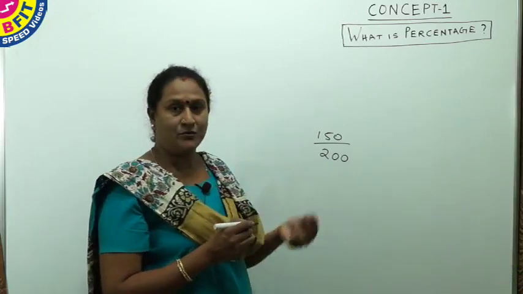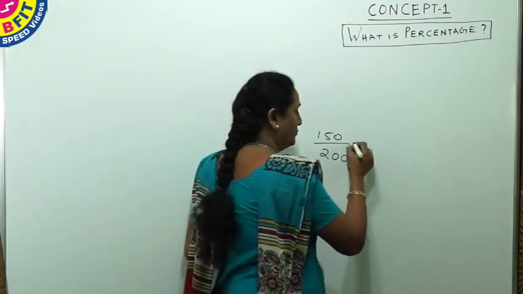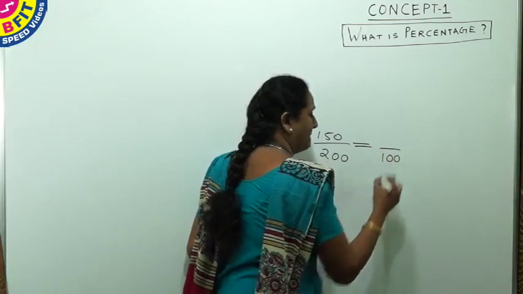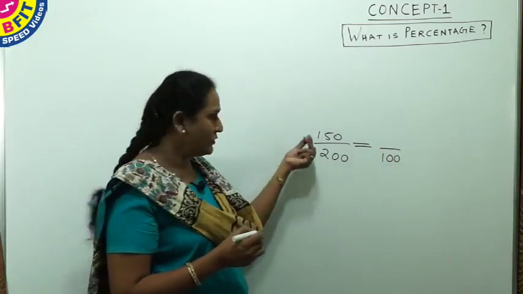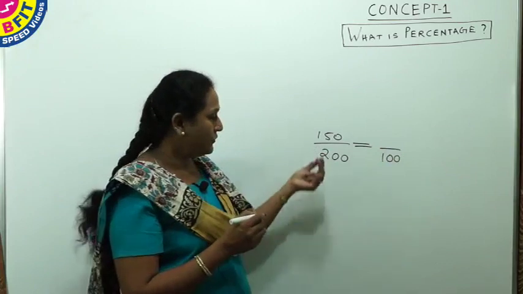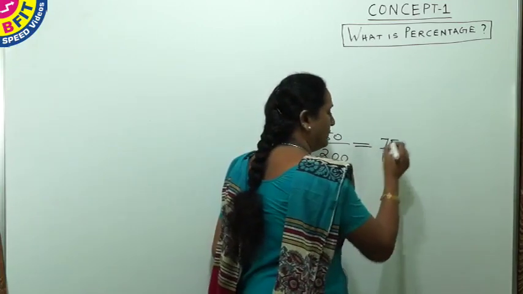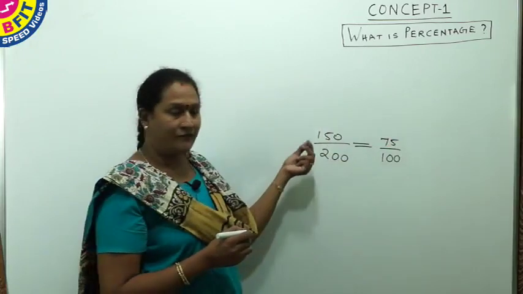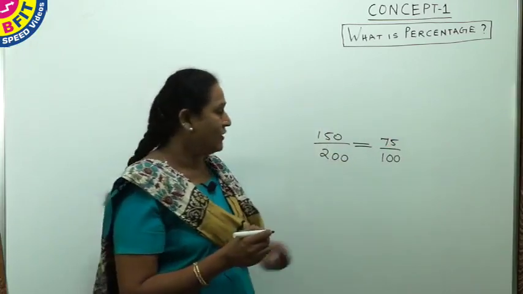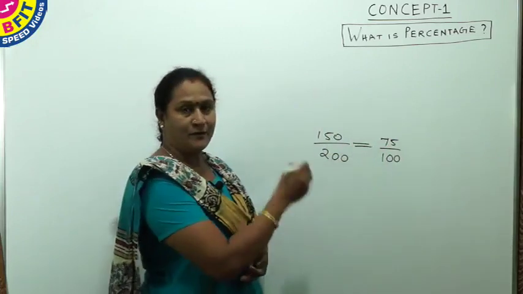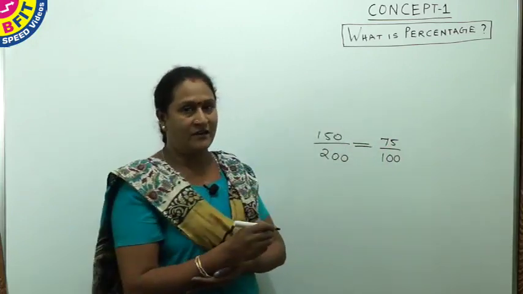Divide this 200 by 2, you get 100. And in the same way, divide the numerator also by 2. When you divide 150 by 2, it is 75. So when a boy scores 150 for 200, it means that for 100 he has got 75. So for 100 the mark is 75.